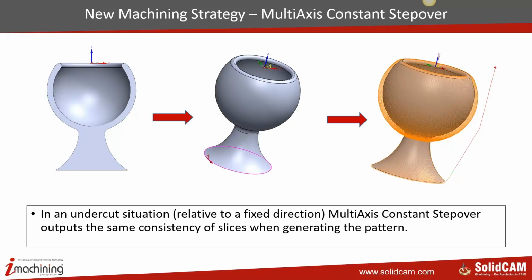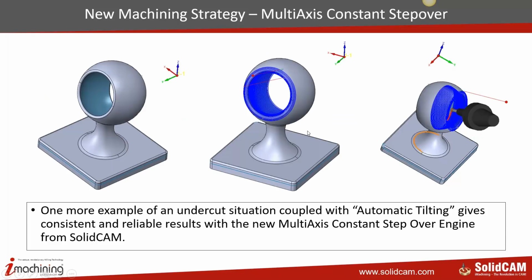So that's one example. Another example is over here, where you have a cutout with fillets on either side, and what it generates is an excellent toolpath starting from the fillet and ending up onto this edge of the surface. A single toolpath with absolutely beautiful tilting.